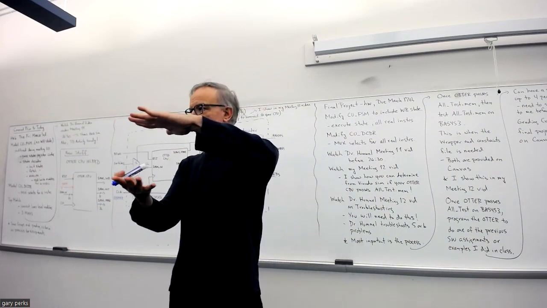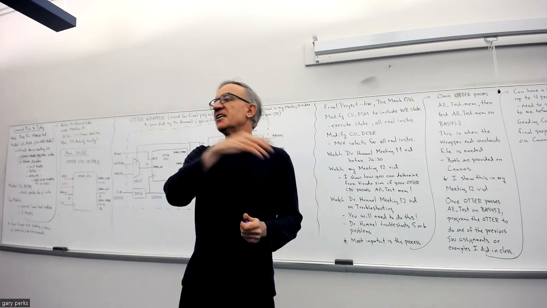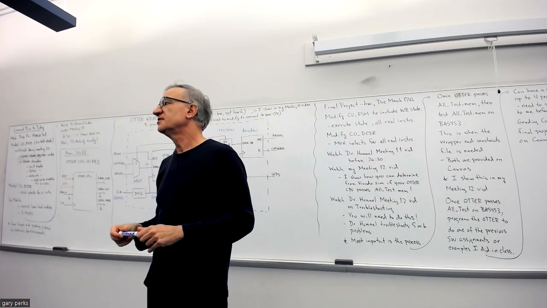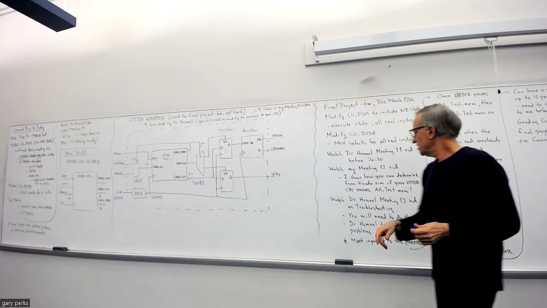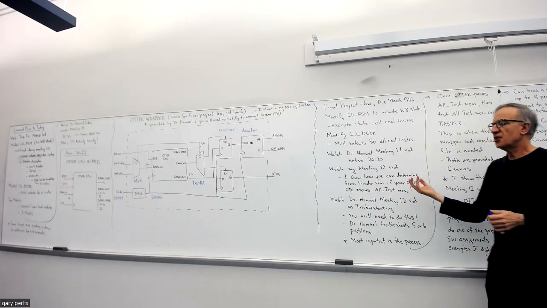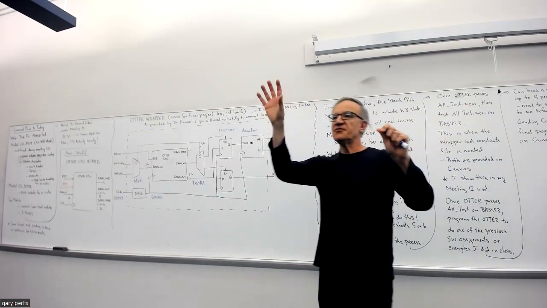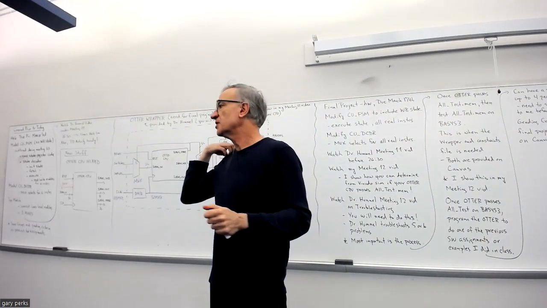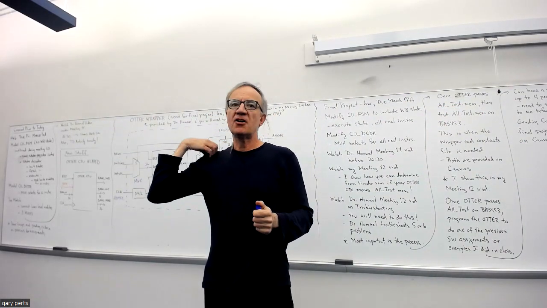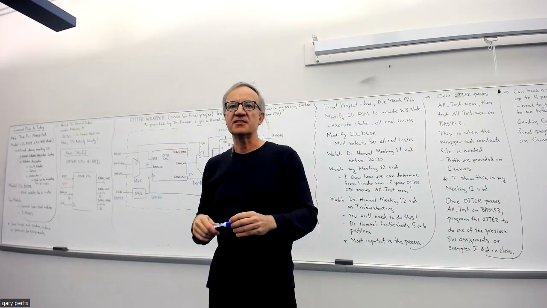It's a huge file, but it's checking every instruction to make sure every instruction works. So in this video, I show you what to look for in the simulation timing diagram to make sure it's going through that all test mem file correctly.